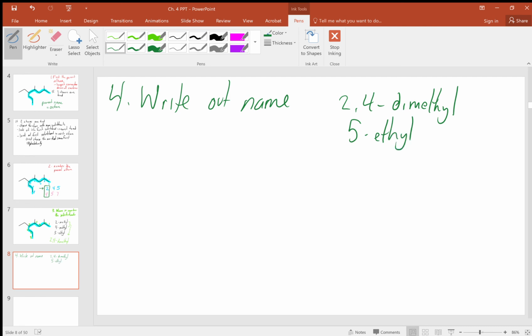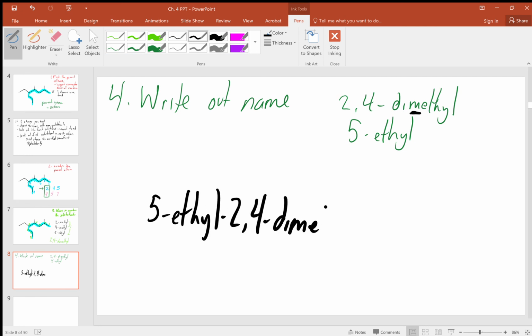When you alphabetize your substituents, any numerical prefixes such as di, tri, tetra, penta, and so on, get ignored for alphabetization. So dimethyl gets alphabetized under M, which means that ethyl will come alphabetically before methyl. So 5-ethyl, 2,4-dimethyl octane.